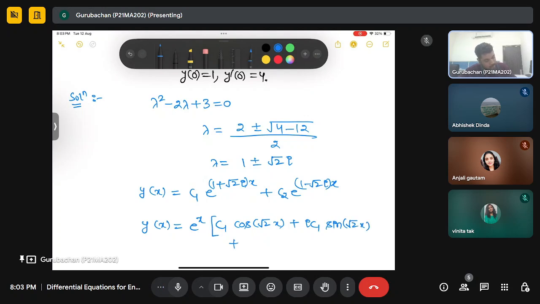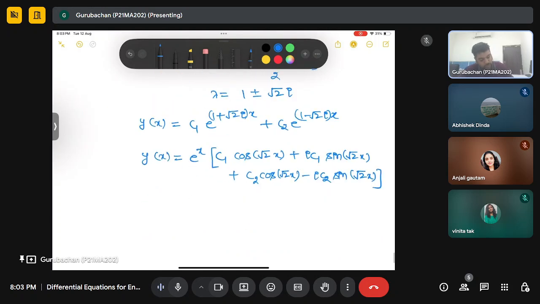Plus here it will be c2 cos under root 2 x minus i times c2 sine under root 2 x. So this will give you another constant.